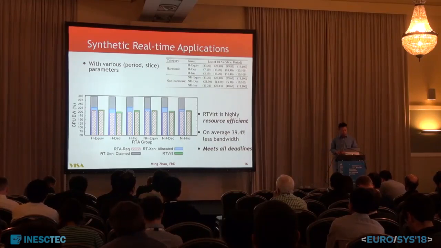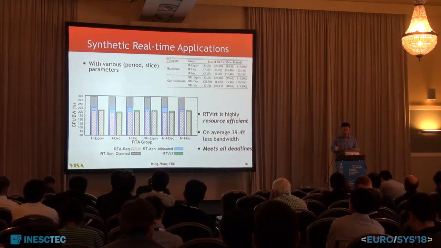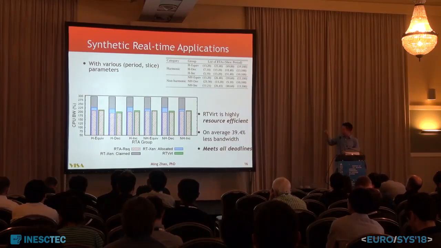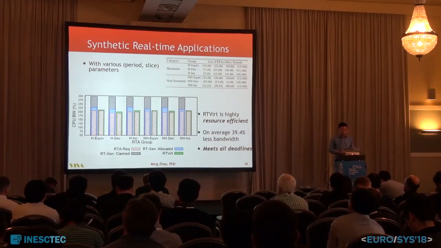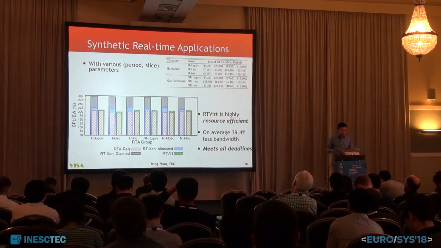I want to spend a little bit of time on the first experiment. Although it's based on a synthetic benchmark, it allows us to explore the design space quite conveniently. In the table we show all the parameters of the applications that we considered, and the bottom bar graph shows the CPU utilization achieved by RTVirt versus RT-Xen.